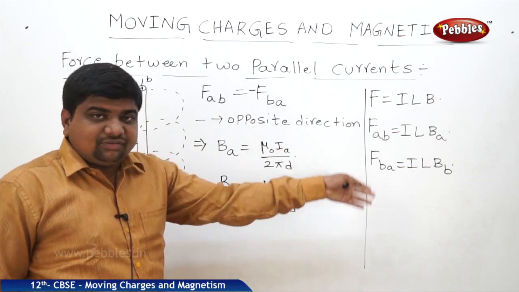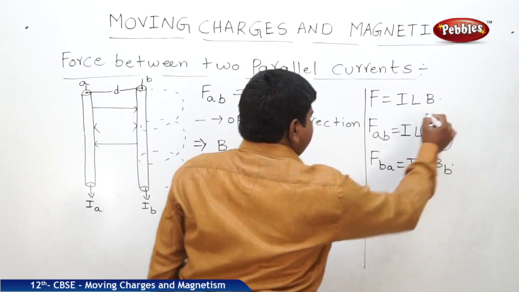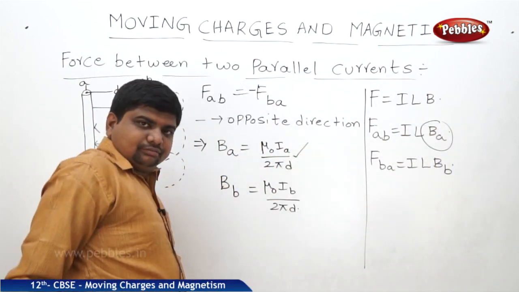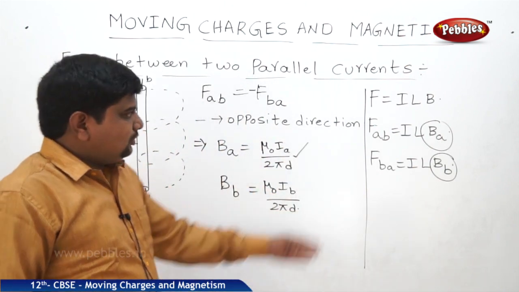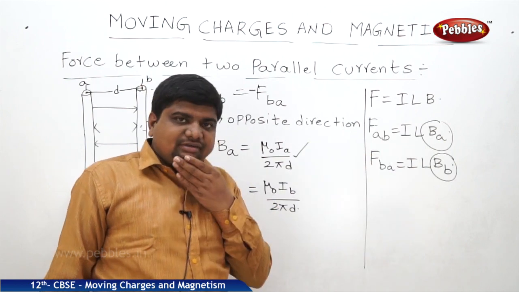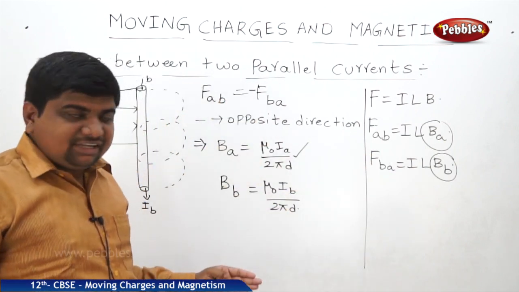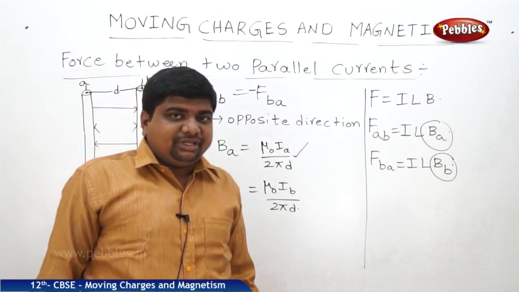These are the transformation of the equation with respect to the given formula. Now we can substitute this BA from here and we can substitute this BB from here. So this I also will become IA, IB and here also I will transform. So now the transformation of the equations, and from this we will check the formation of ampere.